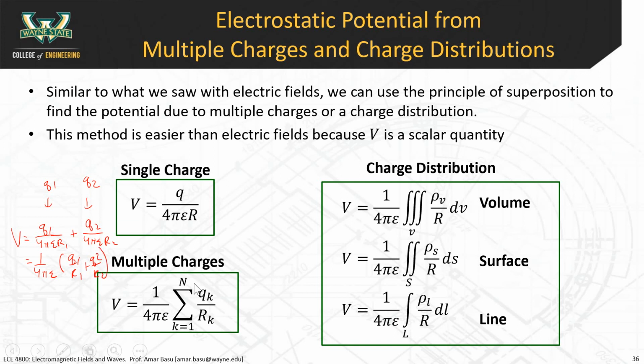This is the general form of that equation. The summation captures the fact that you can take the 4 pi epsilon terms out of the equation, and then you're just left with summing the charges over the radii.